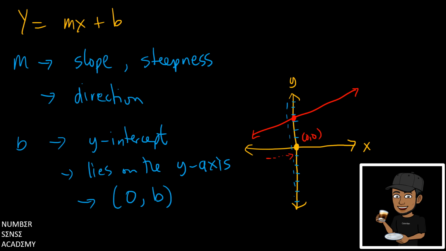Okay, so that's some properties about m, the slope, and b. Actually, I want to do one more thing about m. Or let's continue with this discussion. So m, we know it's a slope. It's essentially rise over run. So it's a ratio of the rise versus the run. Right?